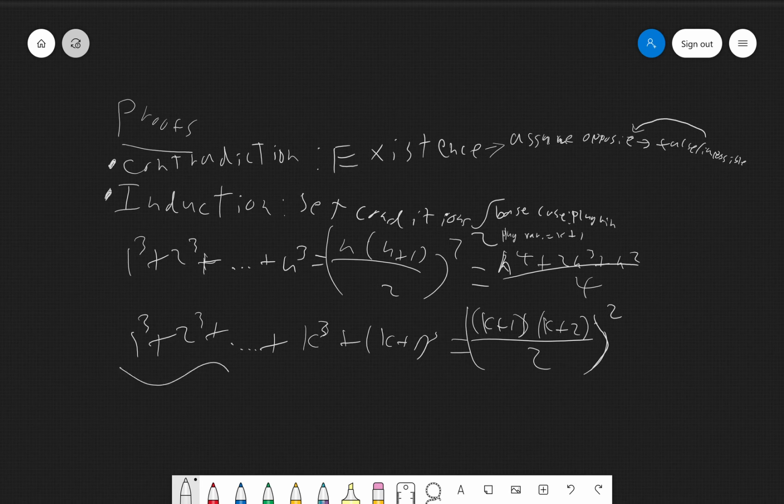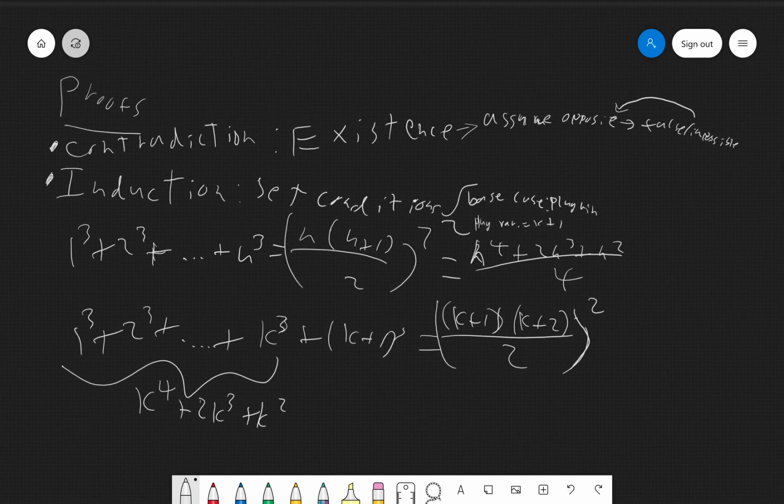So now here we have k to the fourth. Now I'm writing it like this because later we're gonna expand this and then square it, and we're gonna get some k to the fourths and stuff like that. So it's better we just do this now.